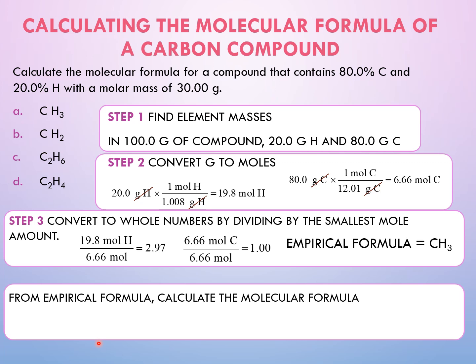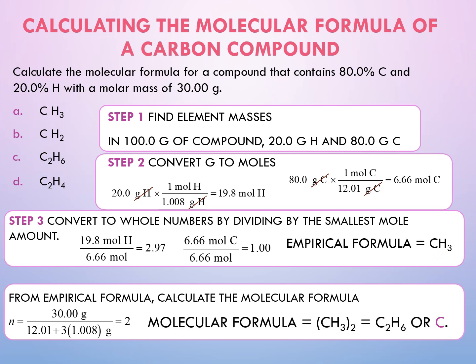So then you need to put the empirical formula mass, C and then 3 H's, on the bottom, and 30 grams, the molar mass, on the top. Our multiplication factor here is 2, so that means our answer will be CH3 times 2, so it's C2H6. Our answer is C right there.